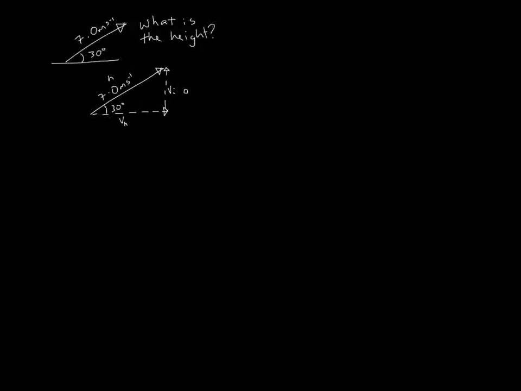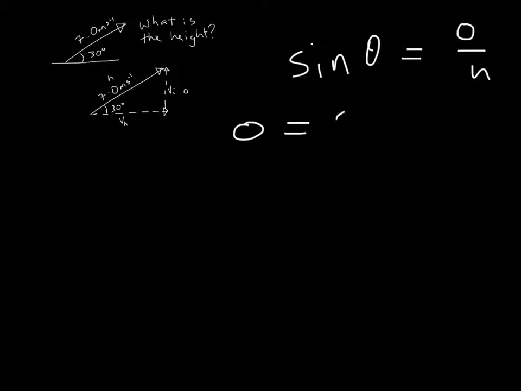Okay, so here we can say that sine theta equals opposite over hypotenuse. I'm just going to move the hypotenuse out to the other side. I get that opposite equals sine theta times hypotenuse.